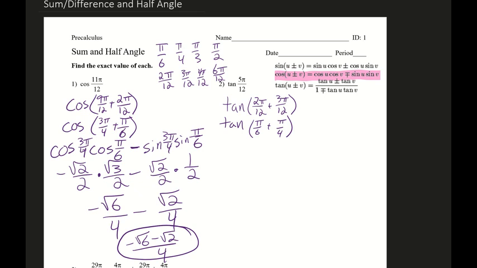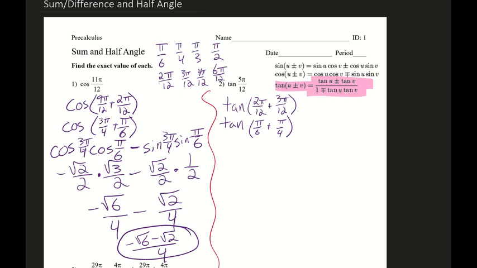Now tangent is going to work in a very similar fashion. It's just going to be a little bit different when we simplify it. So our tangent of pi over 6 plus pi over 4, our tangent formula is right over here.